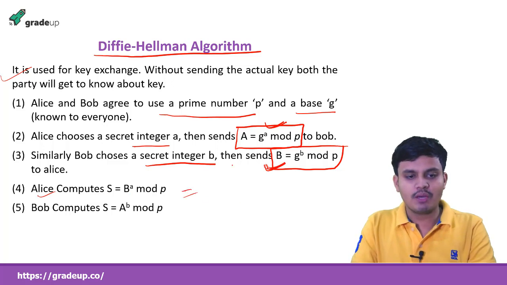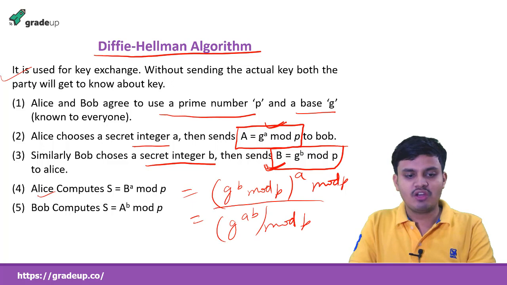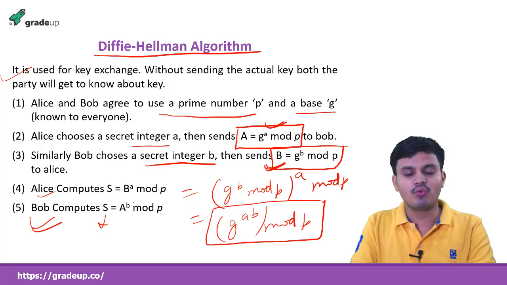So if you put B here, you will get g power b mod p, whole power a mod p. If you do the further calculation, the mod p will be common, so it will come out to be g power ab mod p. So this will be the secret key. And similarly, if you do it for Bob, the secret key that Bob computes will be the same.